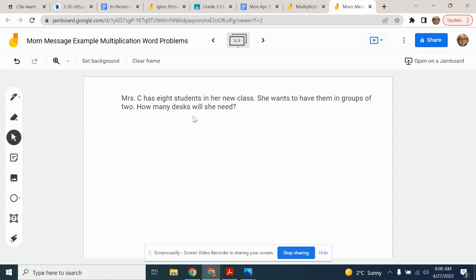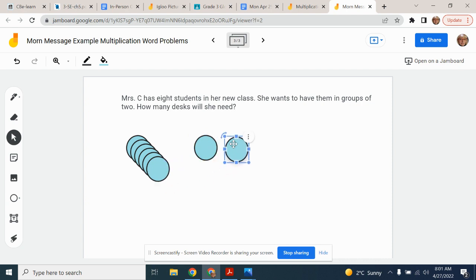Okay, and then that's good enough, but I think most of you can answer that. Let's just see. 8 students in her new class. She wants to have them in groups of 2. How many desks will she need? Go back, make a circle. Same thing with the arrays. So we're going to make 8. I'm going to put them beside each other a little bit closer as if they're sitting at desks.